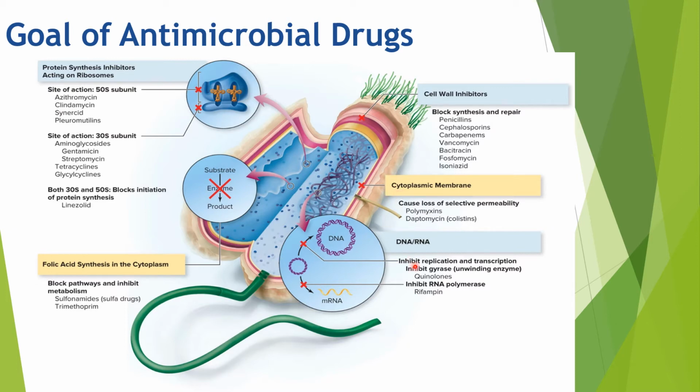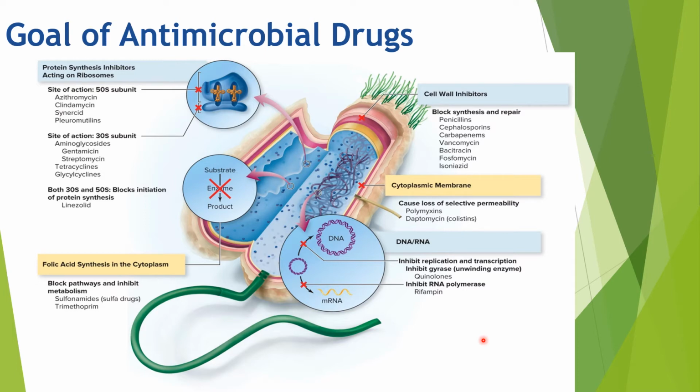But of course, you cannot use an antibiotic to treat a fungal infection, because there are differences between the cell wall of a bacteria and the cell wall of a fungus. There are differences in the plasma membrane of bacteria versus fungi. So you cannot use an antifungal drug to treat a bacterial infection.